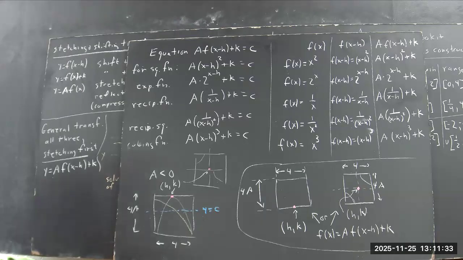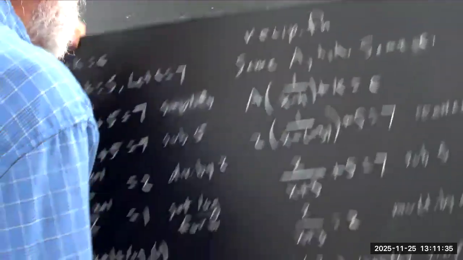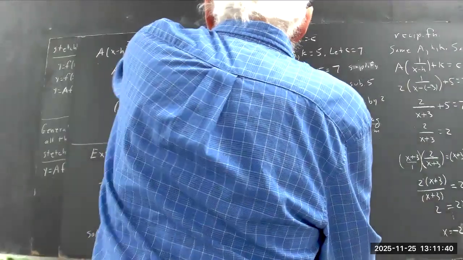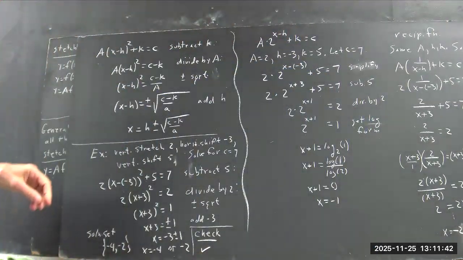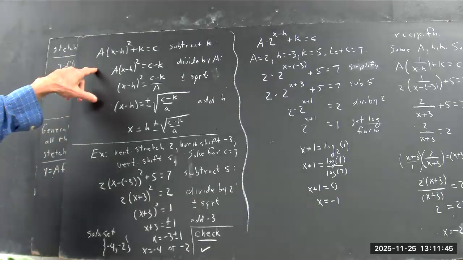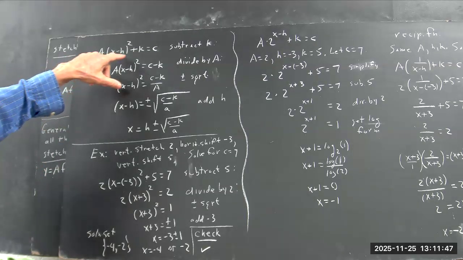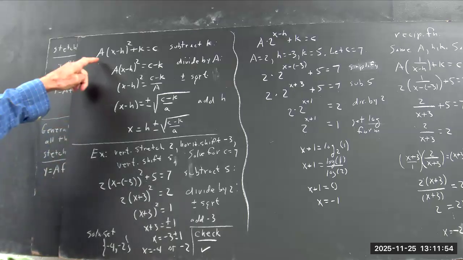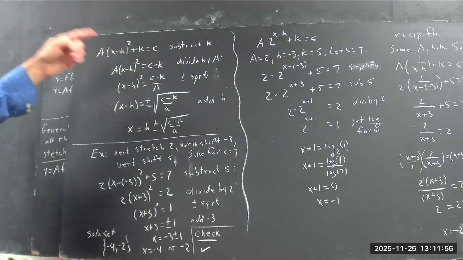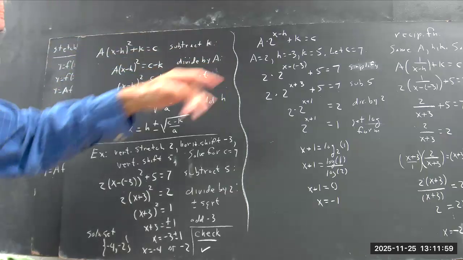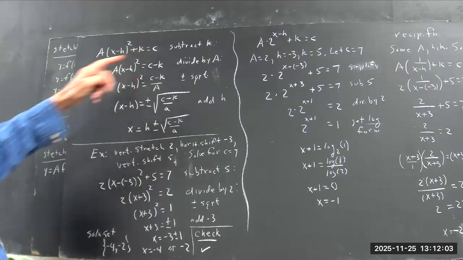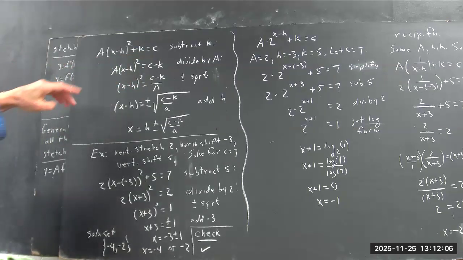Well, if you have a transformed squaring function, which is a quadratic function, then your a f of x minus h plus k equals c equation is this, same as what I wrote on the previous board.